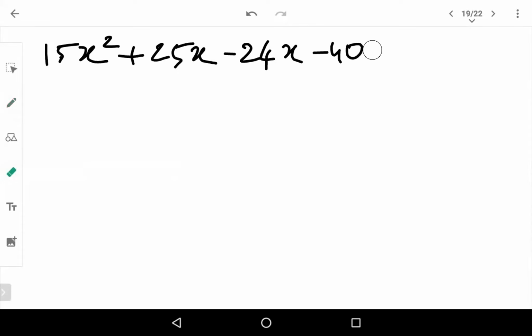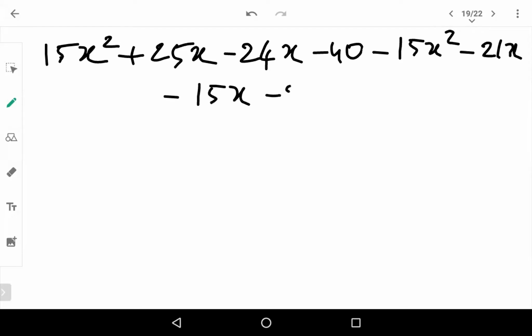Now if I get all of it to the other side, the sign will change. So again minus 15x square minus 21x minus 15x minus 21 is equal to 0. So this will be my next expression.